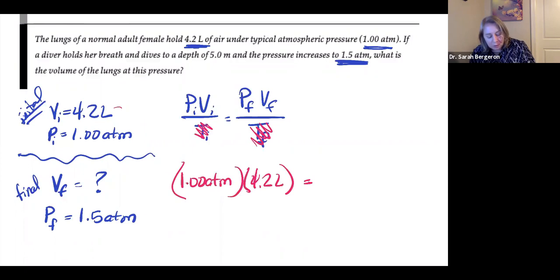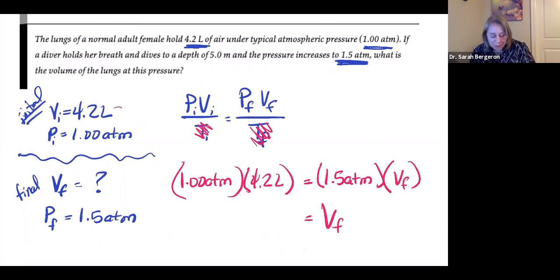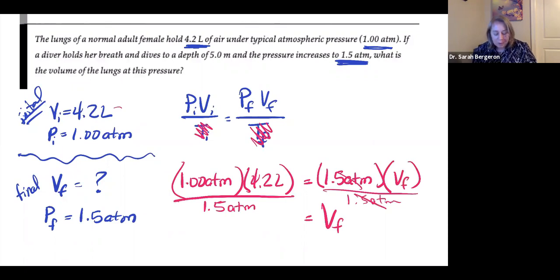And that equals my pressure final, 1.5 atm, times my volume final, which we don't know what that is. That's still our unknown. So to get our final volume, we're going to have to divide by 1.5. So what do we get? 1 times 4.2 divided by 1.5. What you should get is 2.8 liters.